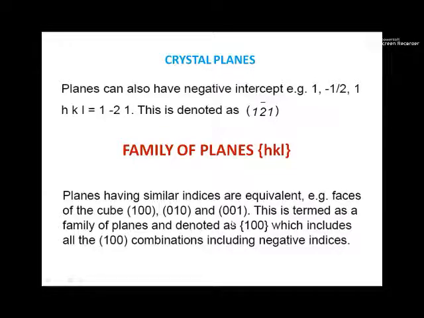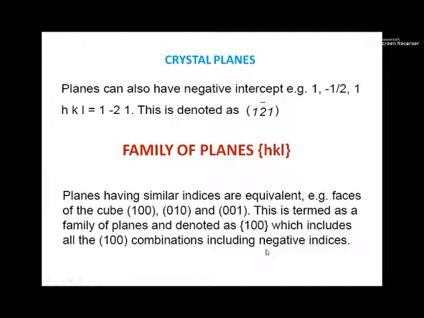So the plane is represented by Miller indices given within the first bracket, and obviously this family of planes, as this makes the geometric figure complete, is represented by the first plane 1 0 0 within the 3 brackets.